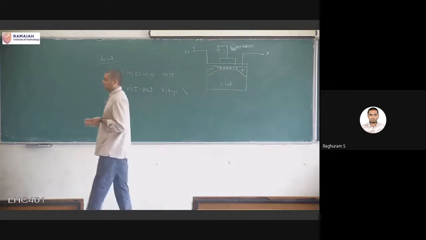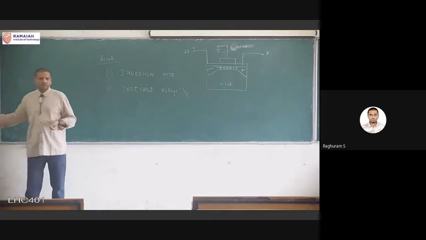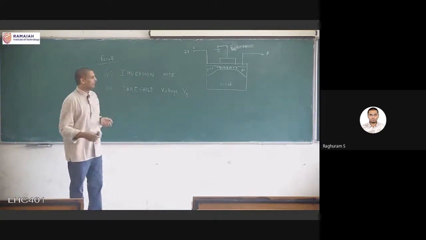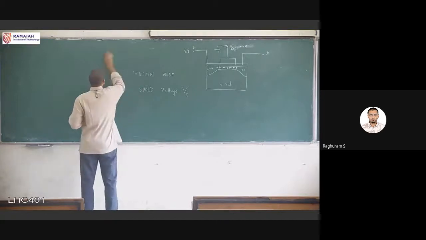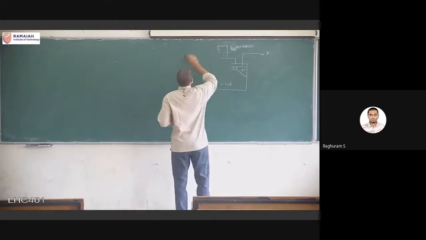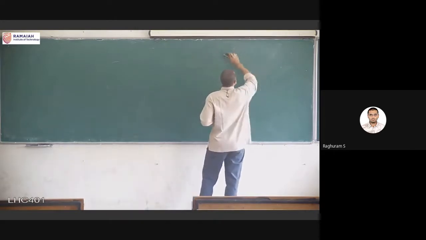We started one question. So, nice question, and it is directly related to current conduction. So I'll just do the same thing again for the sake of continuity. I'll write the full question and discuss it.